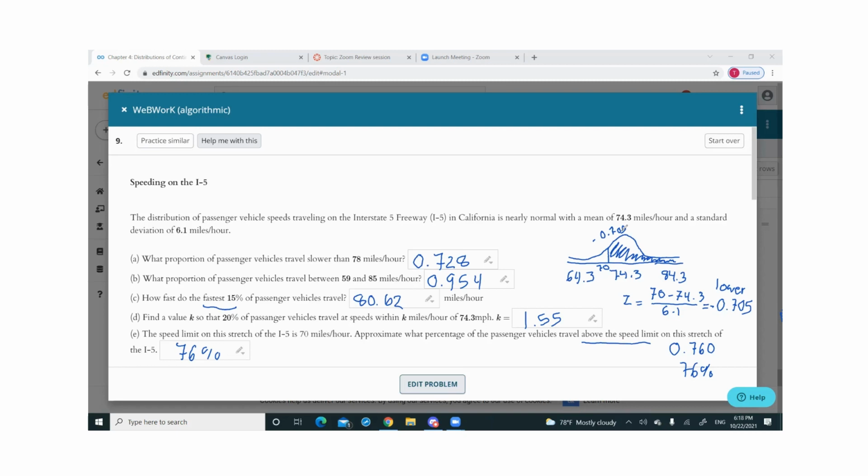Wait, is my number also 70? Maybe that's where I messed up. My number is 70, and then my mean is 73.5, standard deviation 6.7. And so your speed limit is also 70? Yeah, I see where I messed up. I accidentally put 2.1 instead of 6.7.